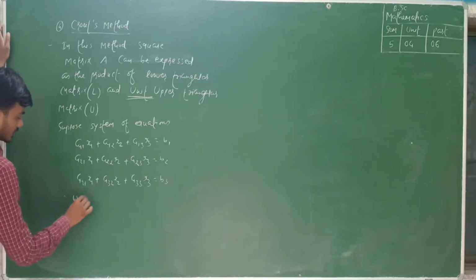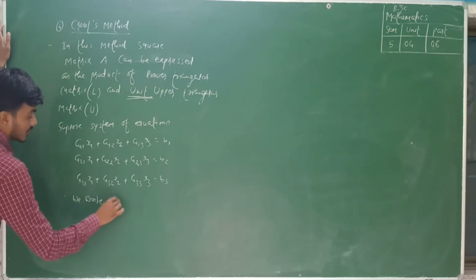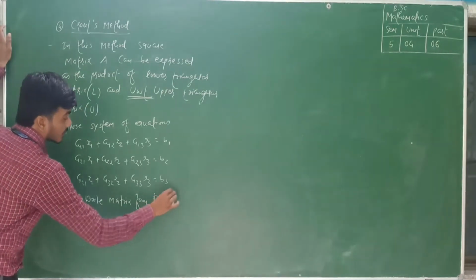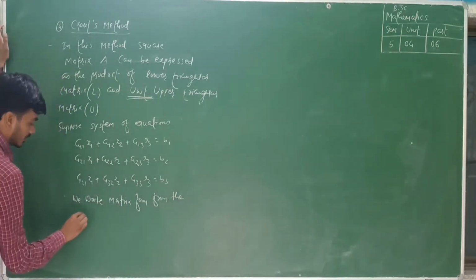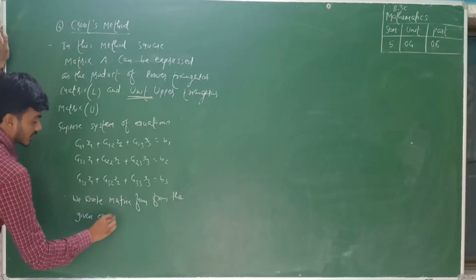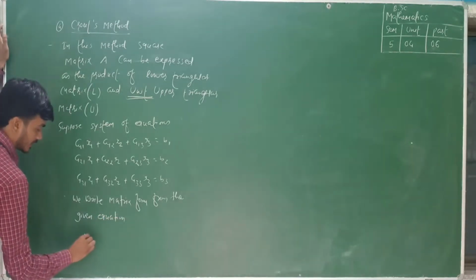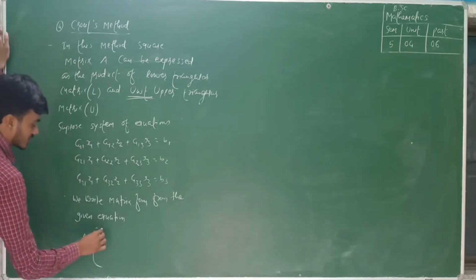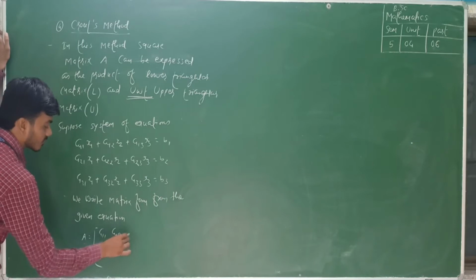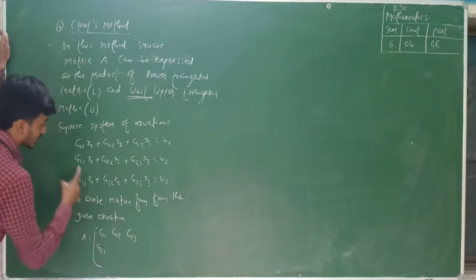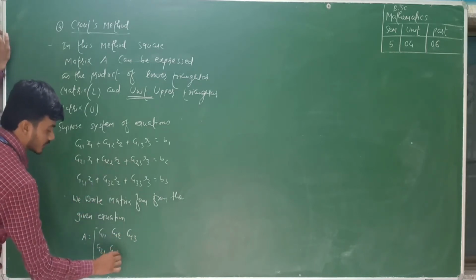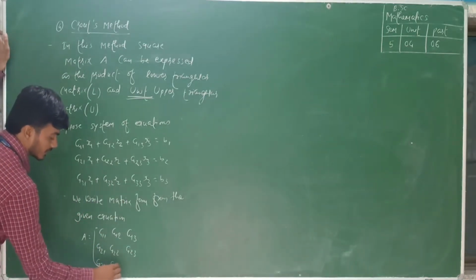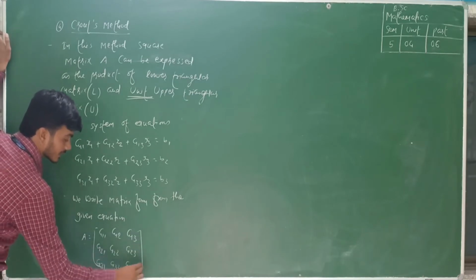So we write the matrix form from the given equations. x1, x2 and x3 are the unknowns. The coefficients of these unknowns are A11, A12 and A13; second row A21, A22 and A23; third row A31, A32 and A33.